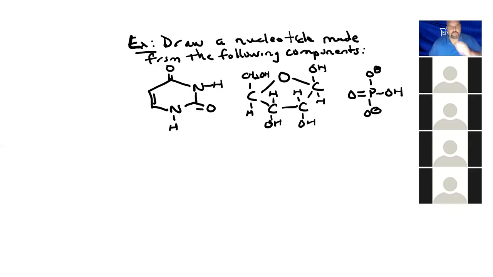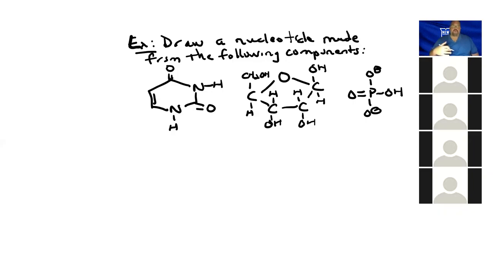So, a couple things. First off, in terms of the nitrogenous bases, you need to know which nitrogens are going to be the ones that are going to be linked up to the sugars. And if you go back into the notes, we circled the hydrogen on the nitrogen for each of the nitrogenous bases.